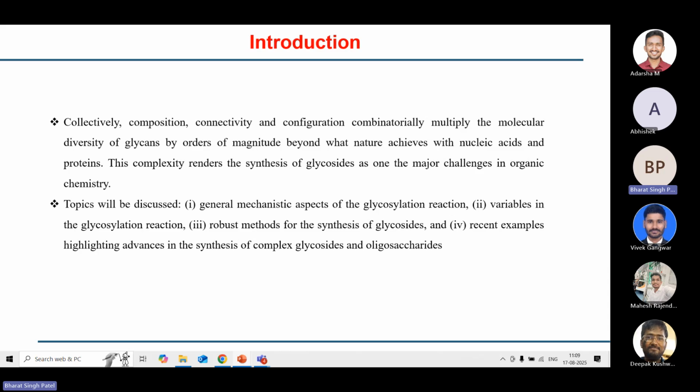There are a lot of ways to discuss and control the composition, connectivity, and configuration. Here we will be discussing the general mechanistic aspects of glycosylation, which lead to the configuration, and also glycosylation reactions and methods of glycosylation, and some recent complex glycoside syntheses.